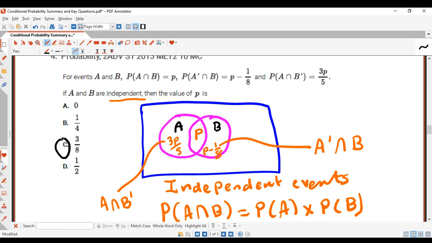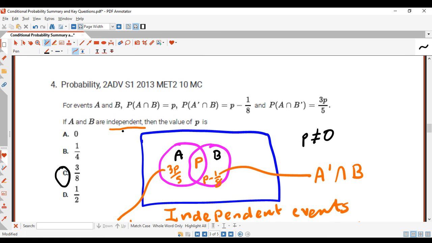Now, obviously, you've got to choose C because P is not equal to 0. P not equal to 0 would mean there'd be mutually exclusive events there. So we have the answer for C.